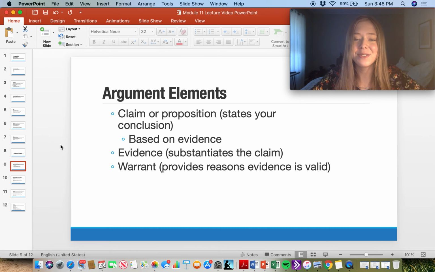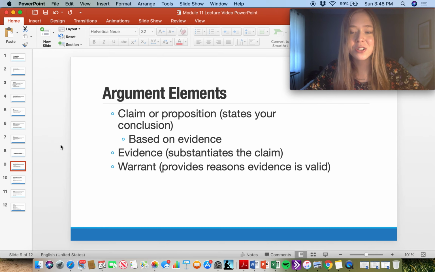So let's use an example. So if I was trying to persuade you that President Trump was a good president, right, which would be a claim that I was trying to make. So let's say my claim was President Trump is a good president, and I used evidence that was, well, Hillary Clinton is not a good person.